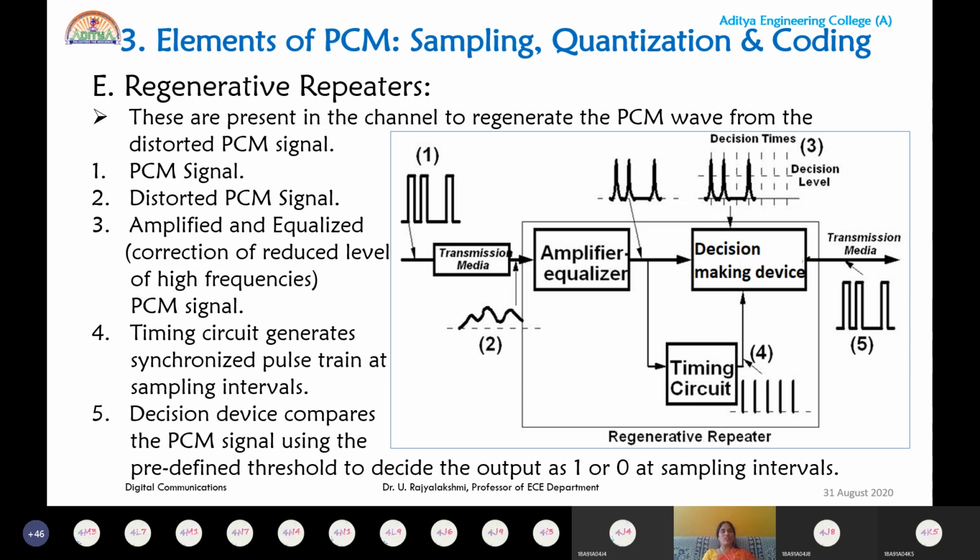Is this repeater clear to everyone? Can we move to the next slide? One of you please respond. Is this repeater circuit clear to everyone?